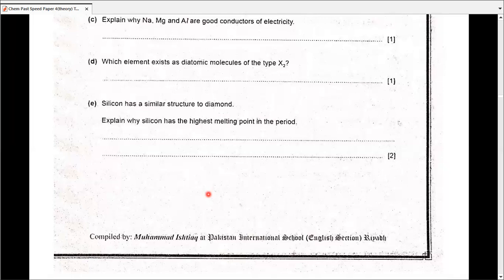Sir, could you please dictate it? Has giant macromolecular structure, having strong covalent bonds extended throughout the structure.